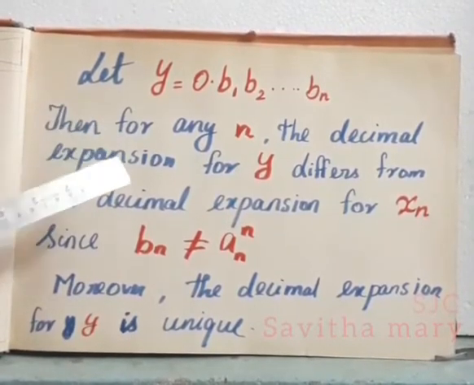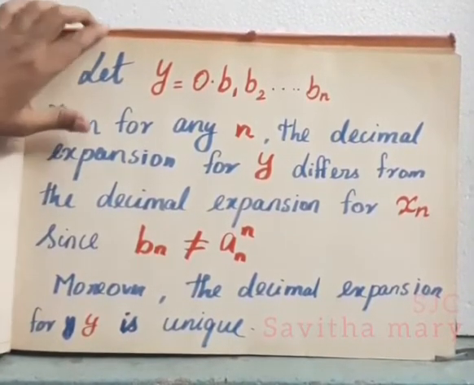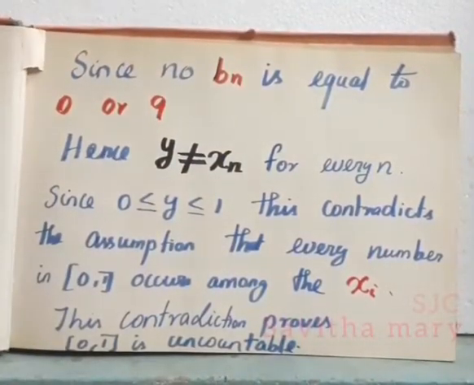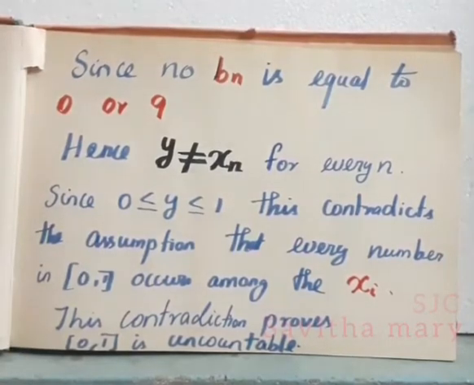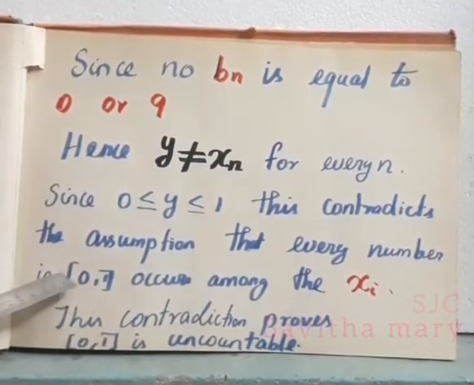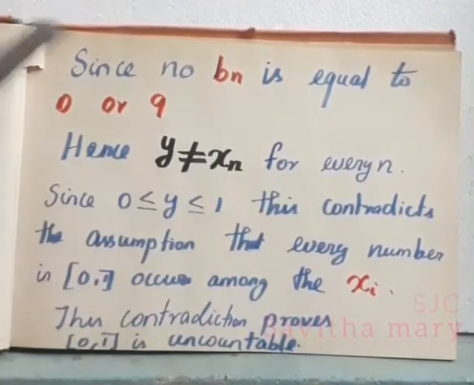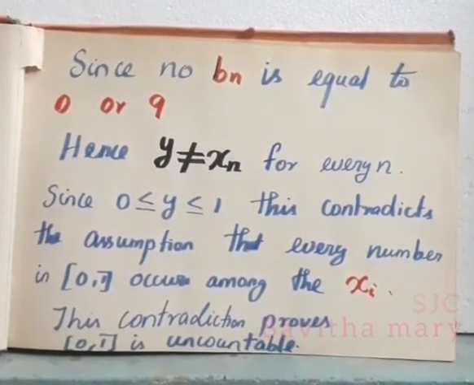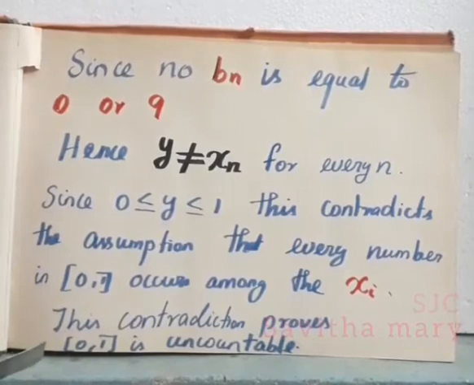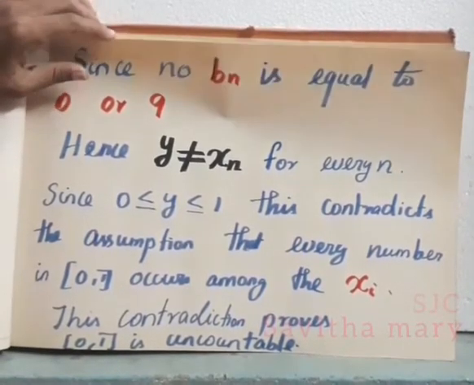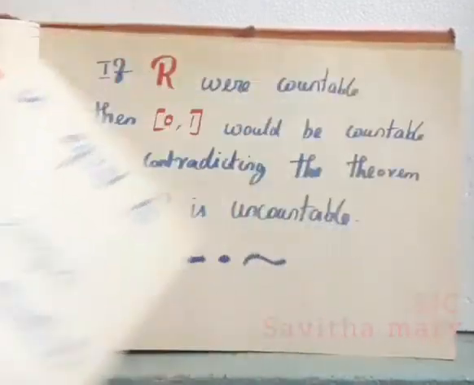That means y does not lie in that array. This contradicts our assumption that (0, 1) is countable. Therefore, (0, 1) cannot be countable; it is uncountable. So we have proved that (0, 1) is uncountable, and this theorem is over.